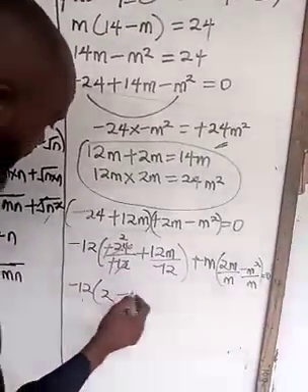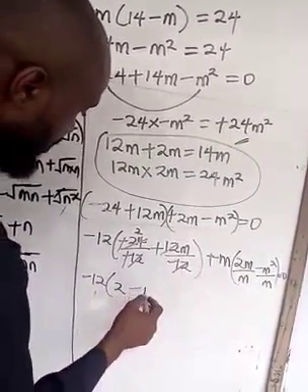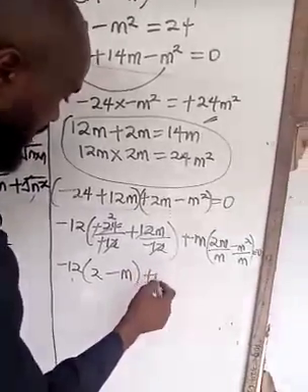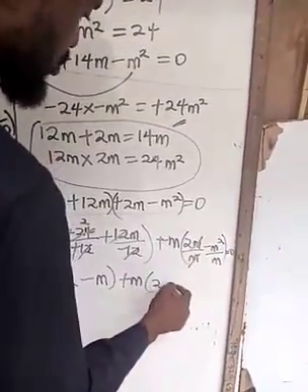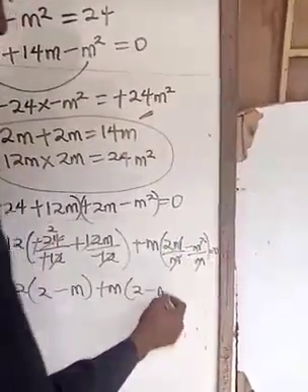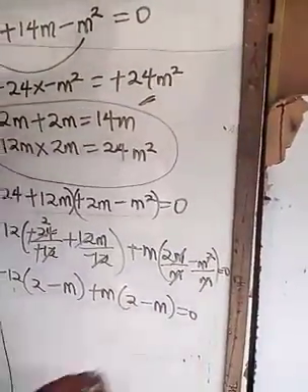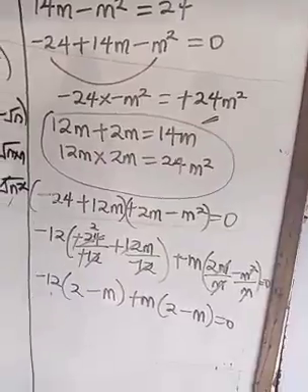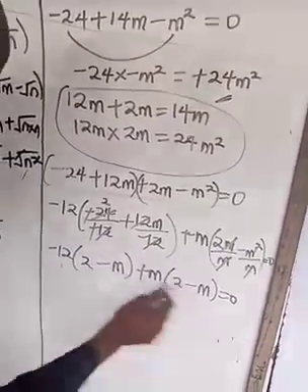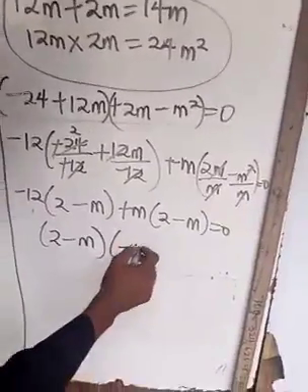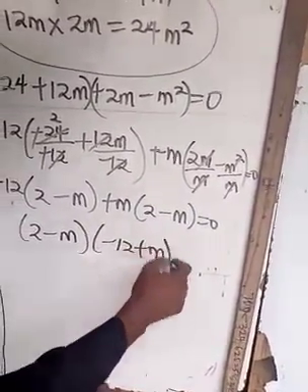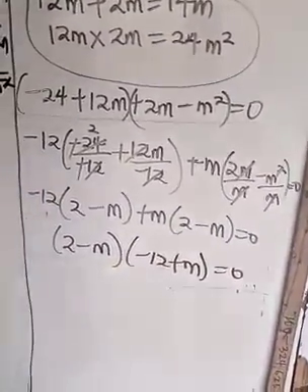Plus over minus, that's minus. 12 cancels 12, so you have m plus m. This m cancels this m, so you have 2 minus m, and this cancels, you have m is equal to 0. So 2 minus m, 2 minus m, so you take just one. 2 minus m, then minus 12 plus m is equal to 0.